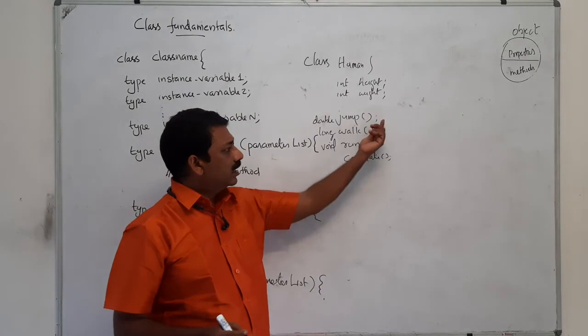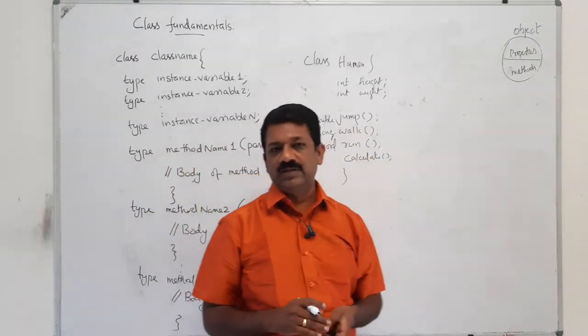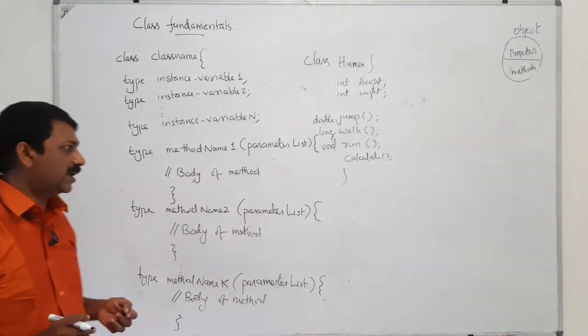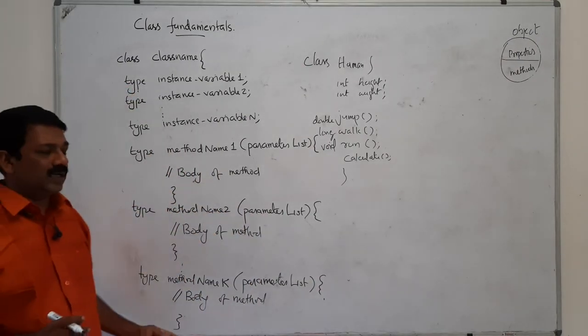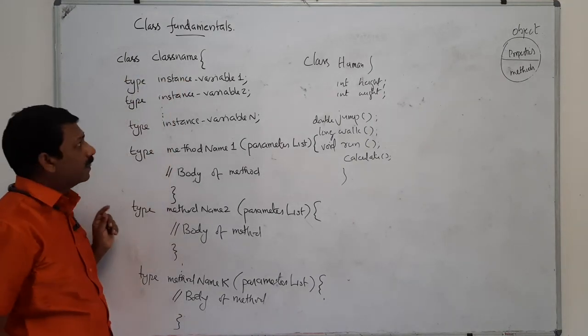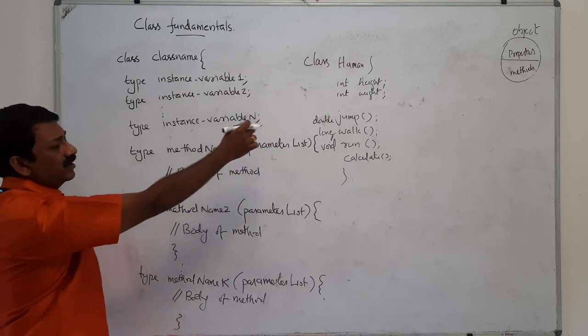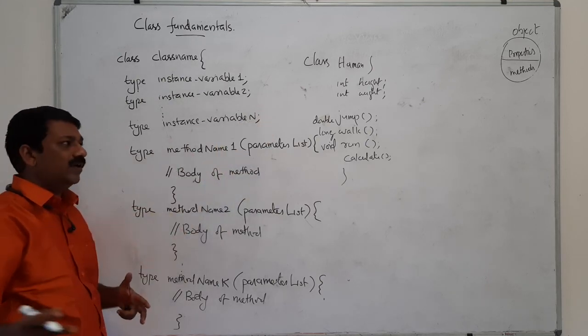That means some parameters can be passed to the method. Those are parameters. So at this point you should remember, class followed by class name, then you have a set of instance variables, for example int height, int weight, then double some other value, then character.